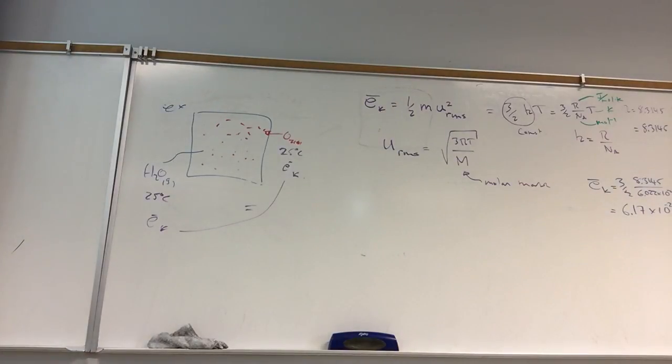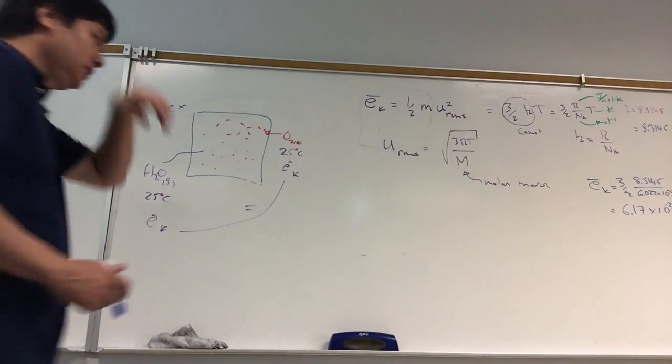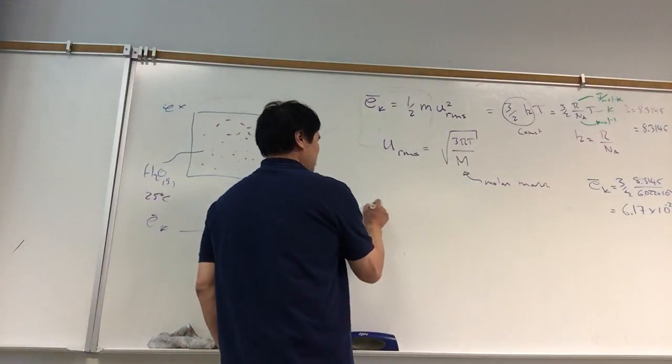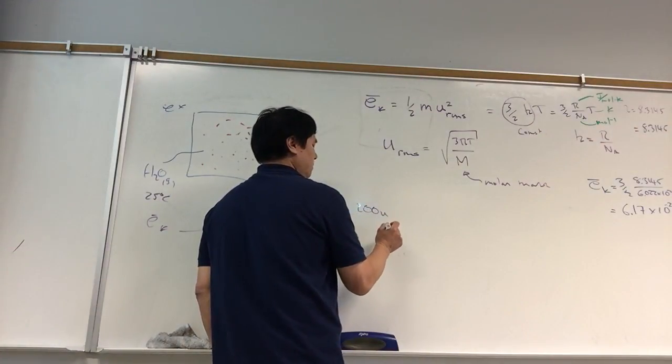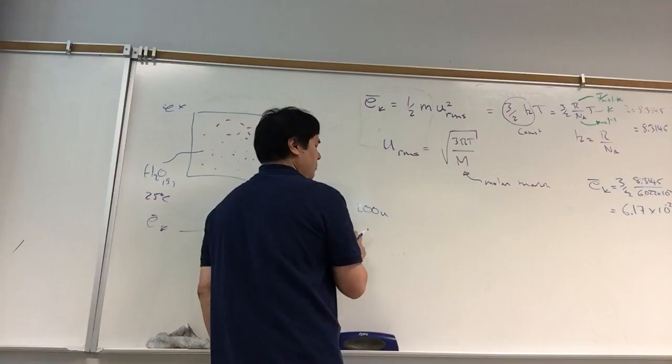We'll just say a gold atom weighs about 200 U. This is just for scale. How many grams is that?